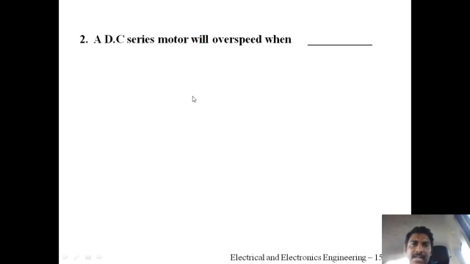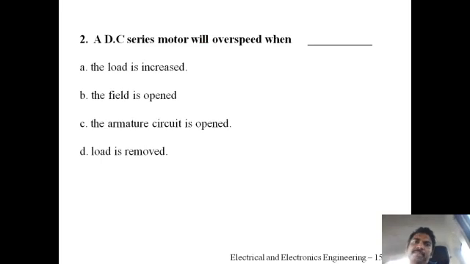The second one: a DC series motor will overspeed when the load is increased, when the field is opened, when the armature circuit is opened, or when the load is removed. We have already discussed that when the load is zero, the speed of the motor is very high, which damages the motor mechanically.